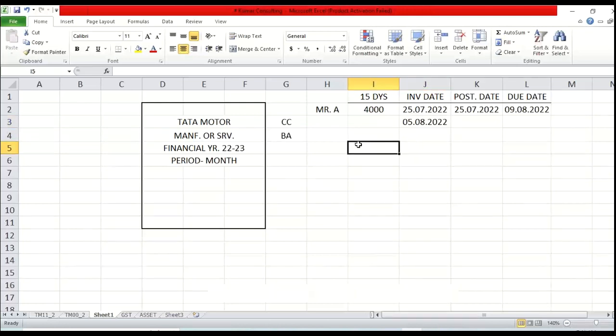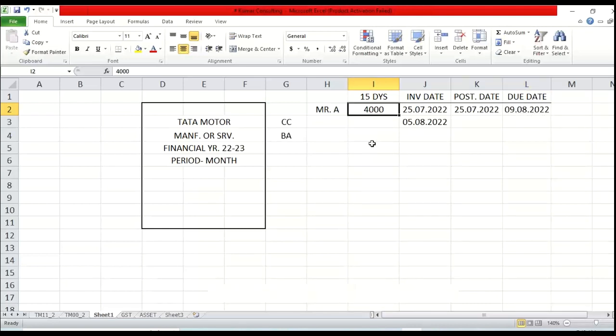They will scold, right? So in order to avoid his mistake, he has posted this invoice as a backdated entry. Backdated entry means he has made a delay, so he is posting this invoice on the previous date, right? So on 25th he posted the invoice. From there 15 days will be counted, and actually on 9th the vendor is going to receive the payment.